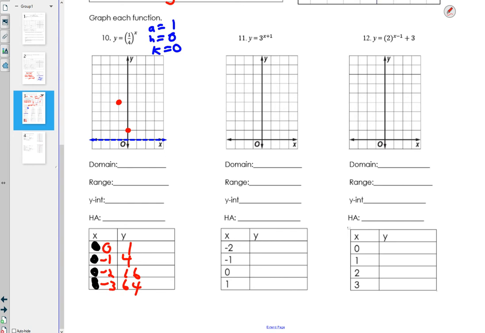What's the minimum I would want to see as far as the points you're plotting? How many points should you plot? I think 3 is enough. 4 is better, but 3 is enough. Here I can only fit 2. Do our best.